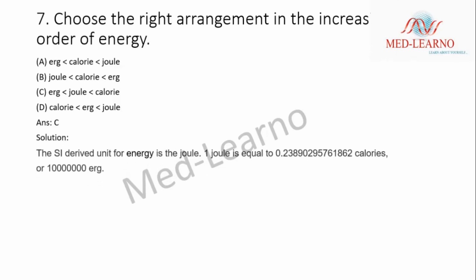So here the SI unit of energy is the joule. 1 joule is equal to 0.2389 calories, where 1 joule is also equal to 1 crore erg, which means erg is lesser than joule and joule is lesser than calories.